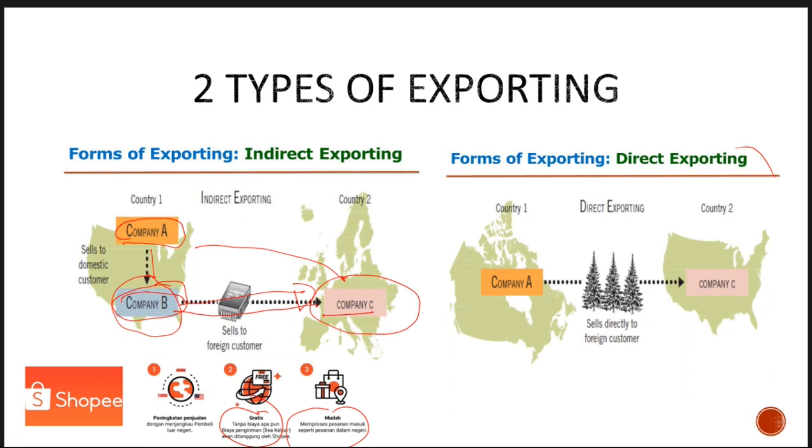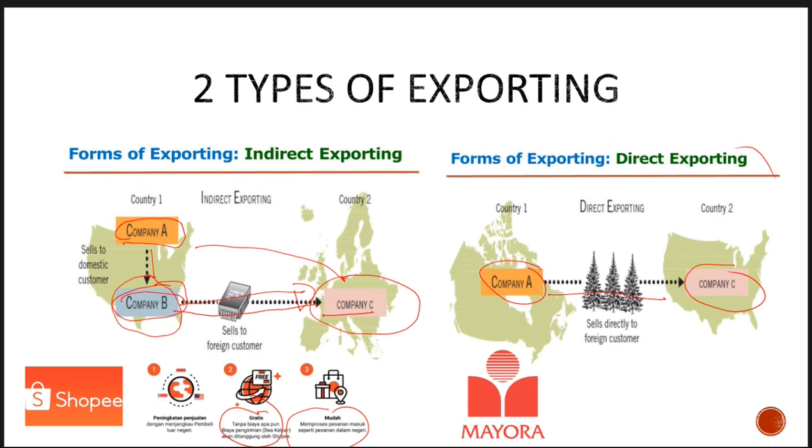Next, it's about direct exporting. What is direct exporting? It's when we try to sell our product directly to another company that is located in another country. A very good example of this, as we have already known, is Mayora.